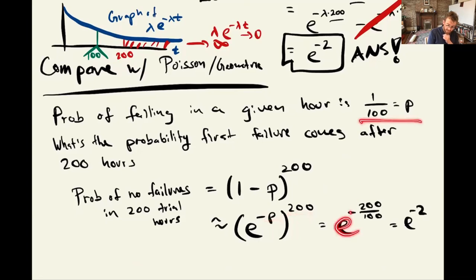So this looks like e to the minus 200 divided by 100, which is e to the minus 2. So suddenly, this exponential distribution feels a lot like a continuous approximation of this sort of Poisson or geometric process, where I'm looking for the probability of, let's say, no failures.